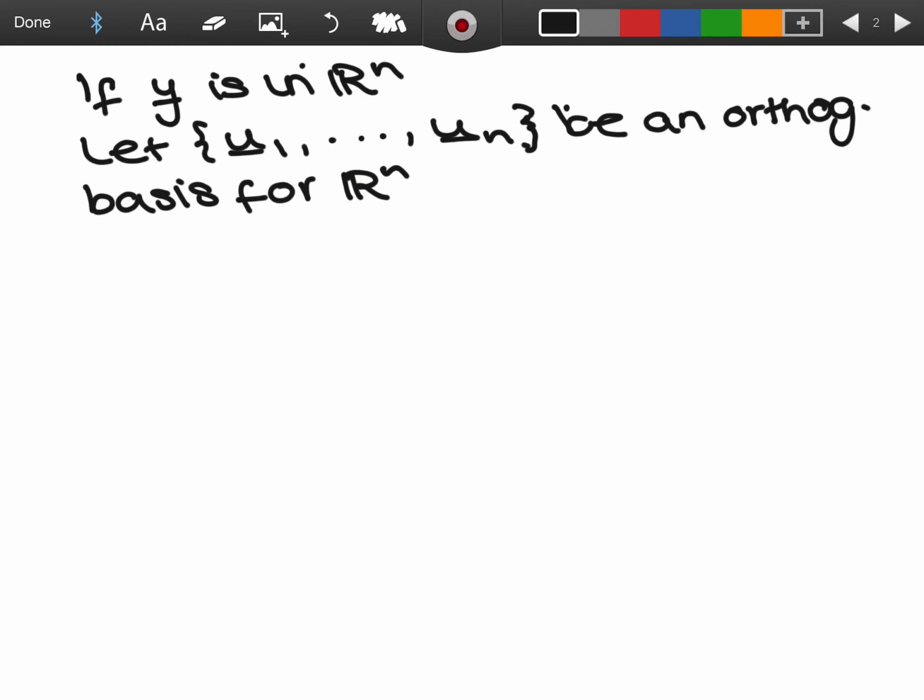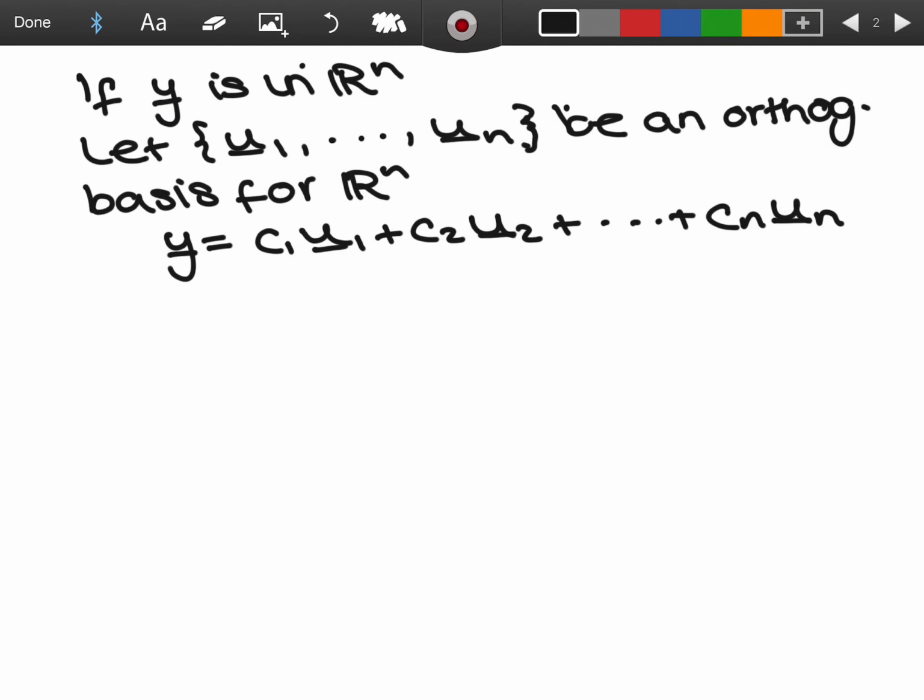So if I take the dot product of any two of the distinct vectors, it's going to equal 0. So I can write y in terms of this basis. I'm going to write y as c1u1 plus c2u2 all the way up to cnun.